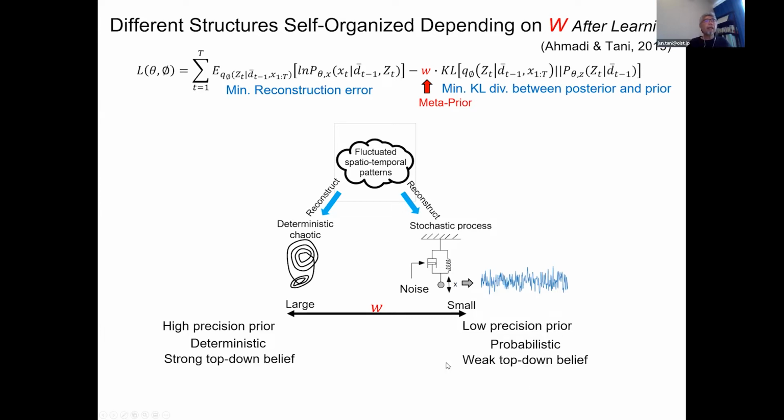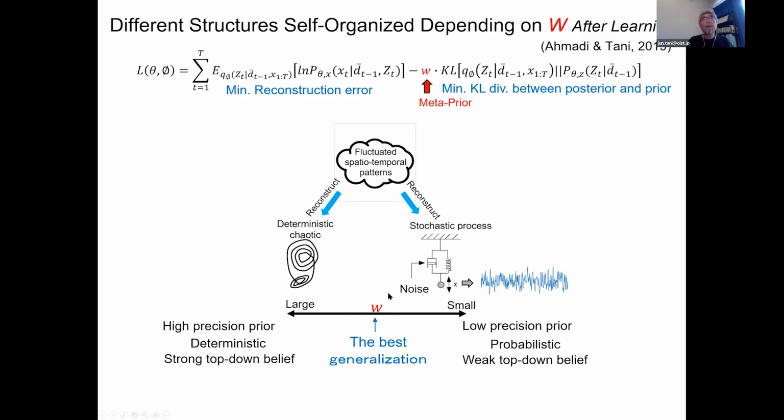This one is a stronger top-down, and this one is a very weak top-down, which is related to autism and things like that. But today I don't talk about that. And the best generalization comes between.